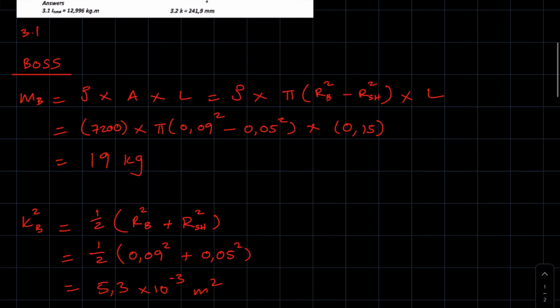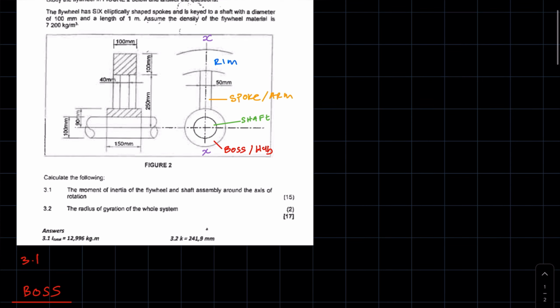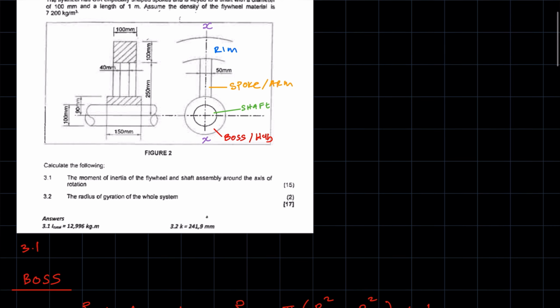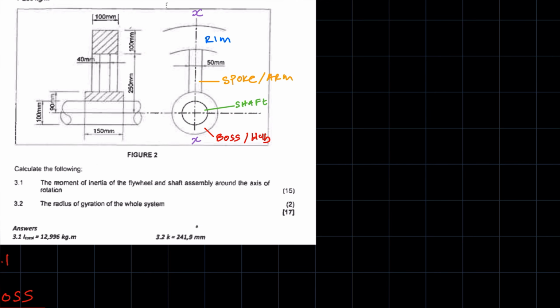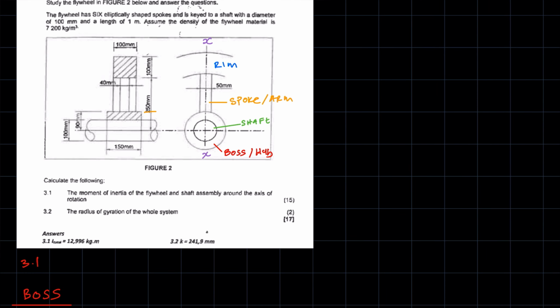Now, as far as the length of the spoke, there's the spoke here. So this is the length of the spoke we are referring to. The distance we have is from here to there, which is the 250 millimeters. But we are looking for the distance from here to there. So the distance we are looking for is this one.